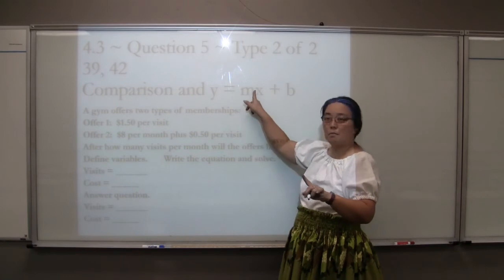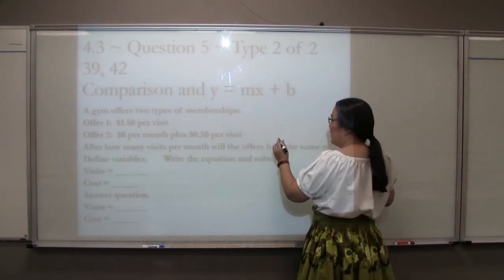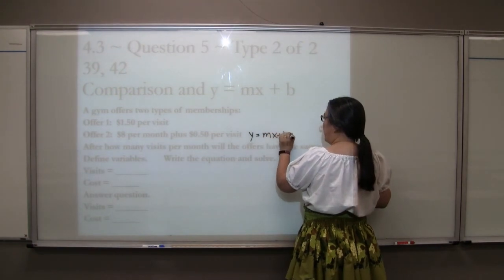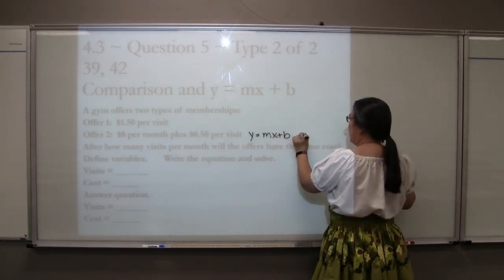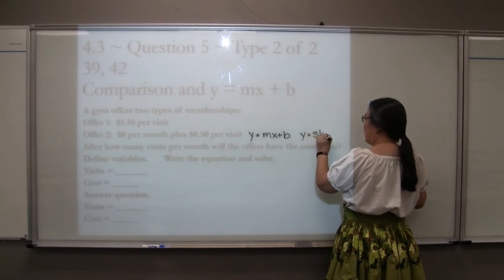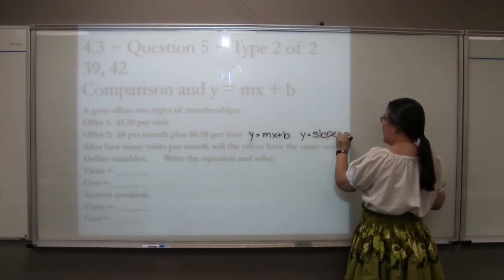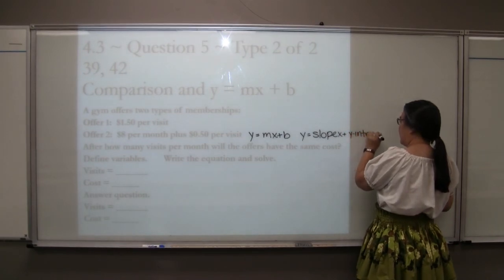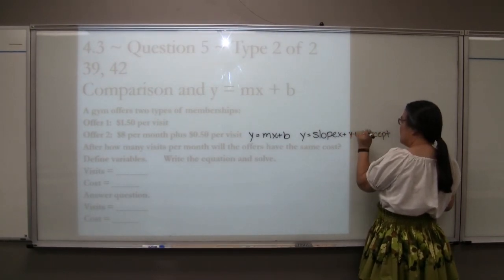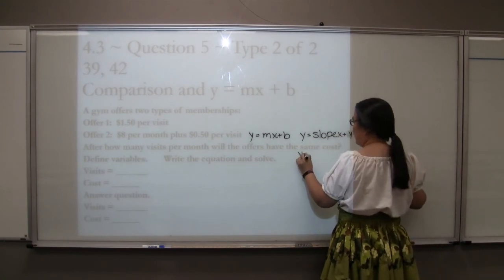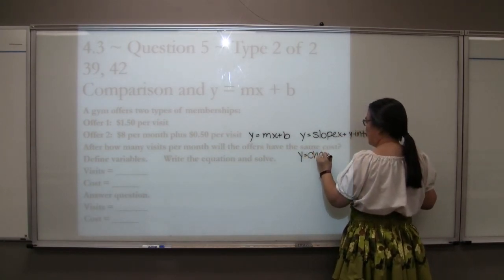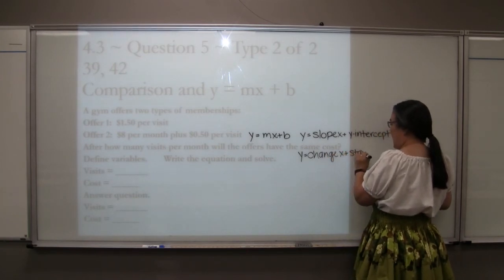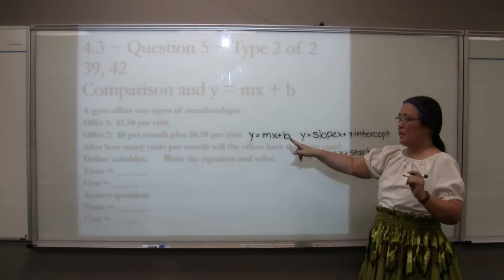I'm going to take this one and make it into y equals mx plus b. You might think of y equals mx plus b as slope and the y-intercept. But I also want you to think about it as y equals change x plus start. That is what's going to help us on this.